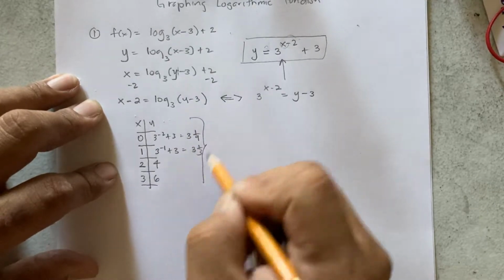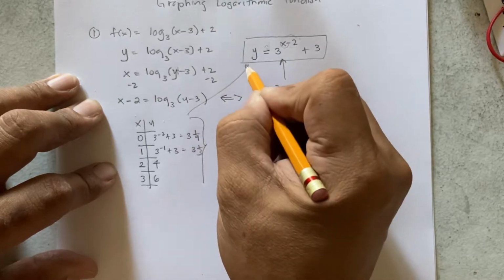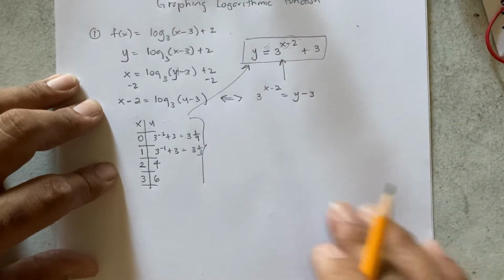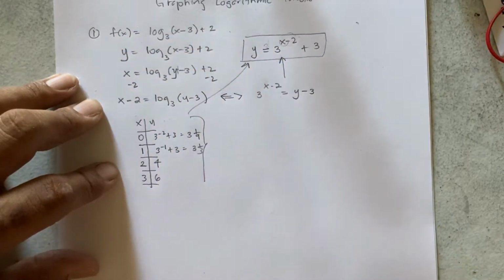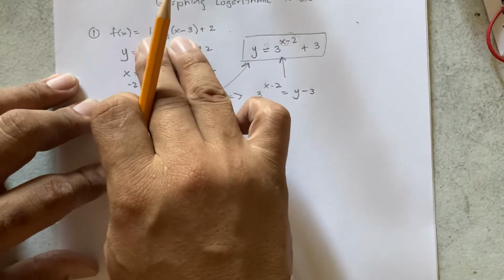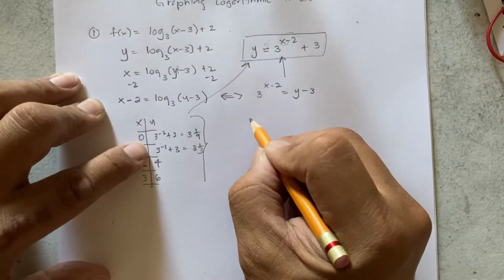Okay. Now these are points for the exponential function. Remember, the logarithmic and exponential are inverse functions. Therefore, if you want to find the points for the logarithmic function, we just interchange x and y.